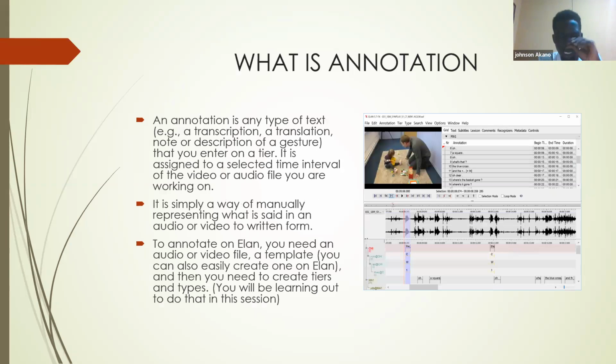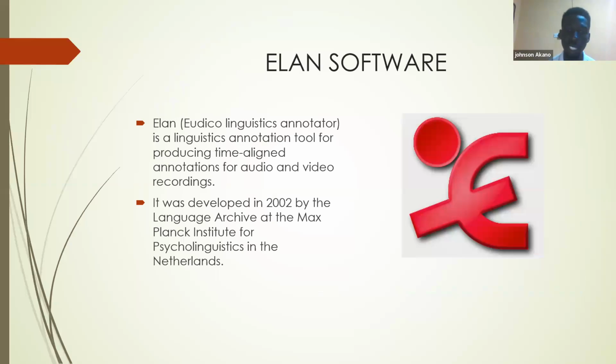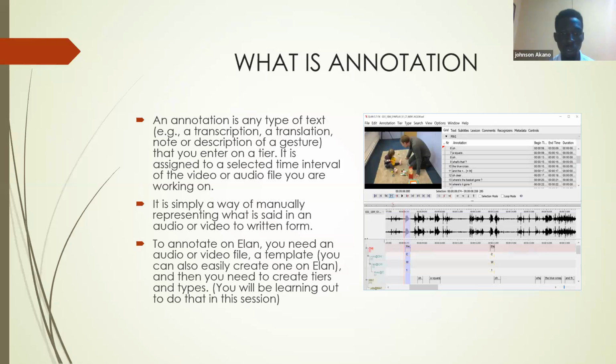So what is annotation that we are talking about? Because we said it's a linguistics annotation tool for producing time-aligned annotation for audio. An annotation is any type of text, e.g. a transcription, a translation, a note, or a description of a gesture in your audio and video file that you enter onto a tier.